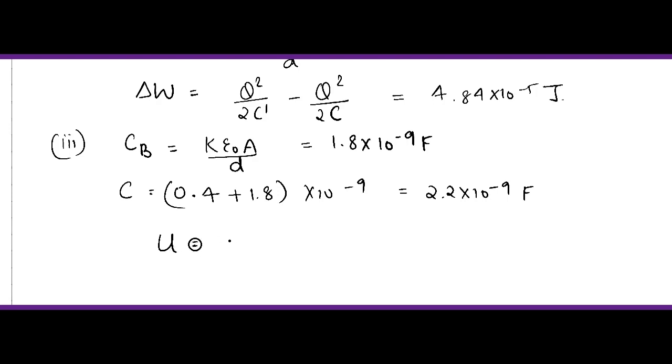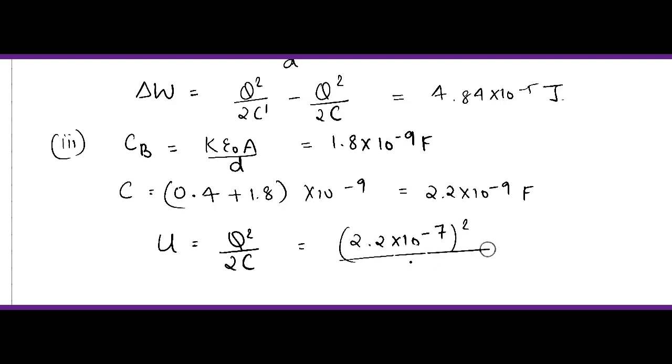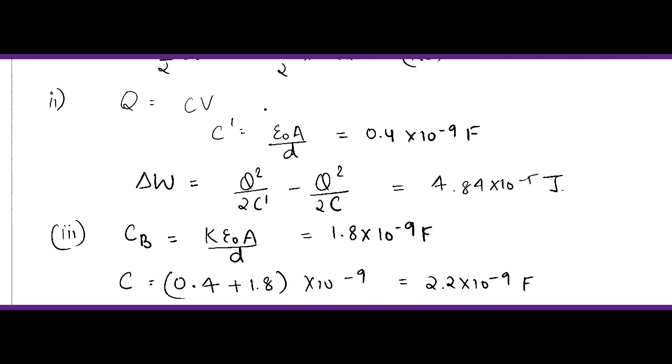So the energy stored would be equal to Q square by 2C. Q is CV, and the value of CV was equal to 2.2 into 10 to the power minus 7 coulomb.